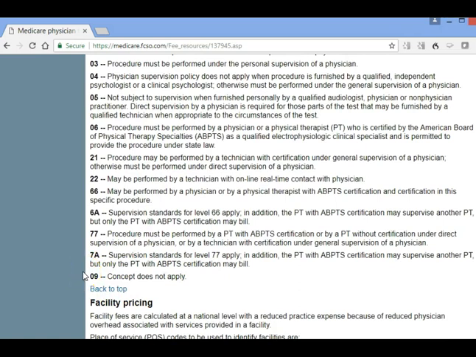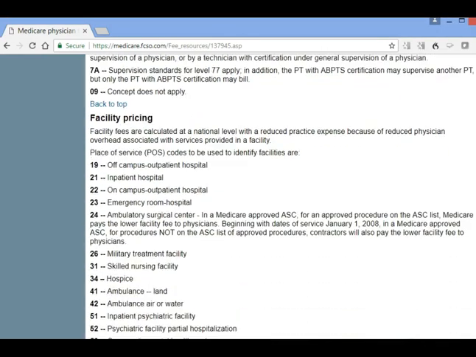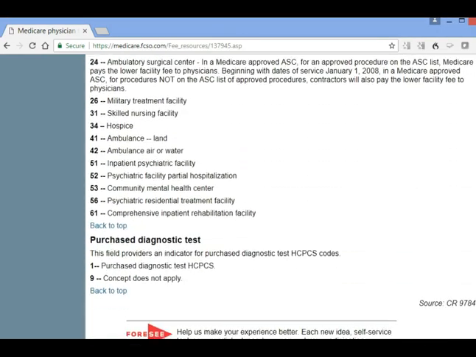That 09 was under the technical component. Right? That 09 was under the technical component because the technical component does not require physician oversight. All right, we're moving down.